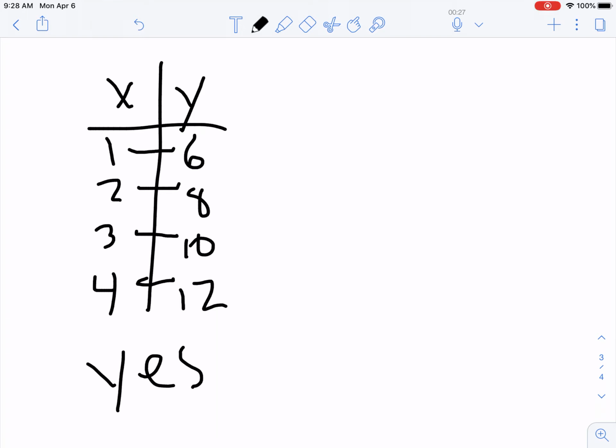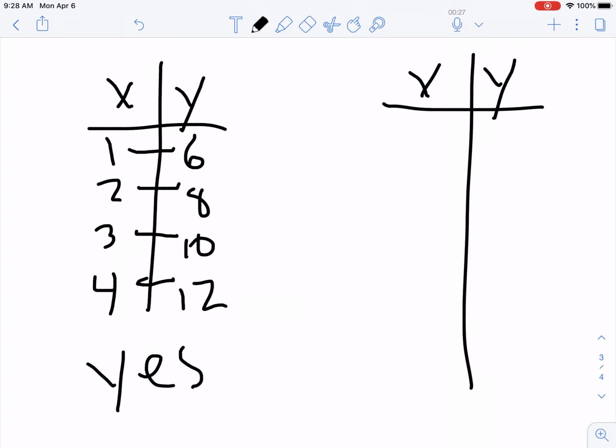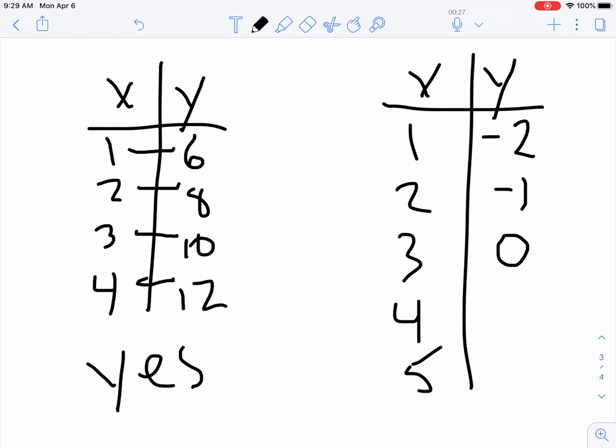A non-example of a linear relation in chart form might look like this. I'm just making up x's here, they could be any values. But it could be something like -2, -1, 0, and 1.